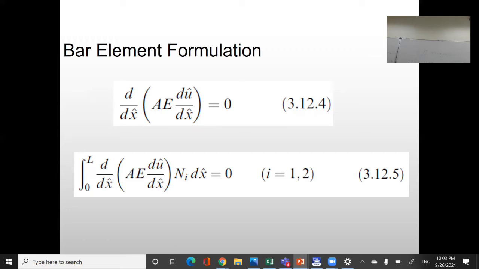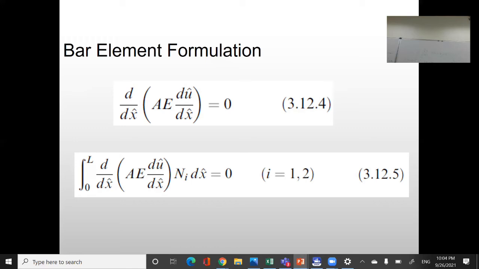One thing, don't forget this. Always, the Galerkin method will end up with integrating the differential equation. And for the integration of the differential equation, the only way to get a solution is to use integration by parts. Why do we have to integrate by parts? We said this last time.